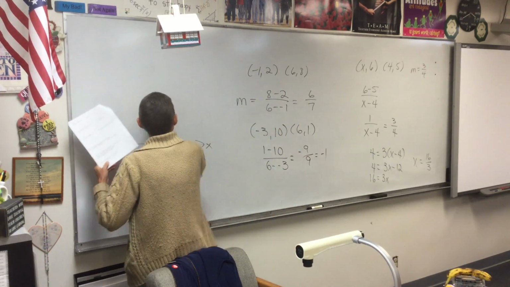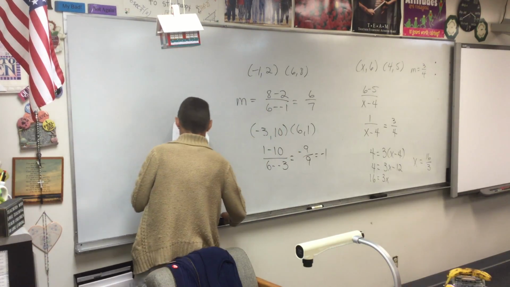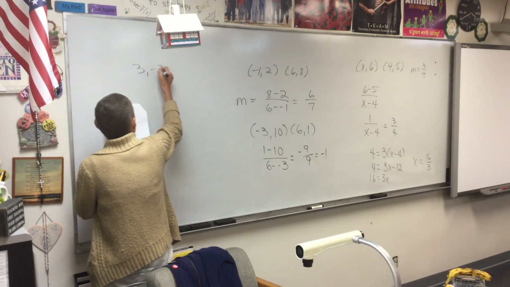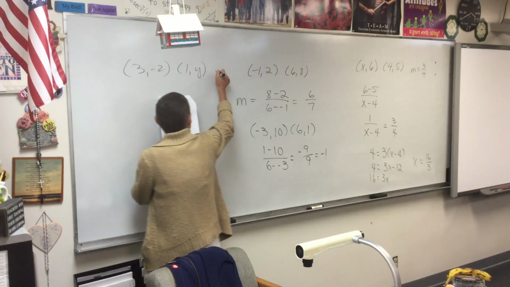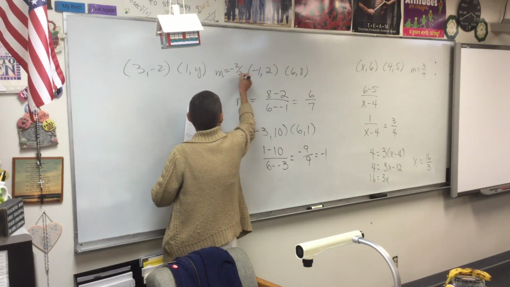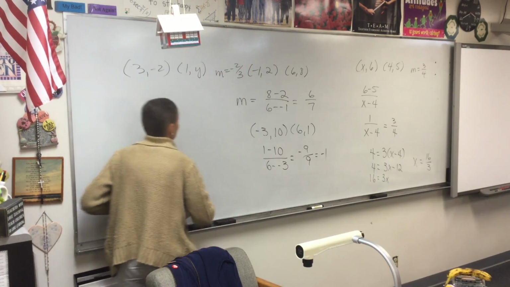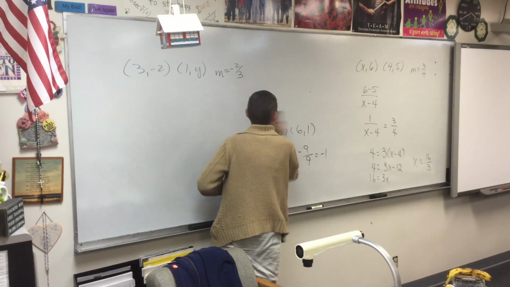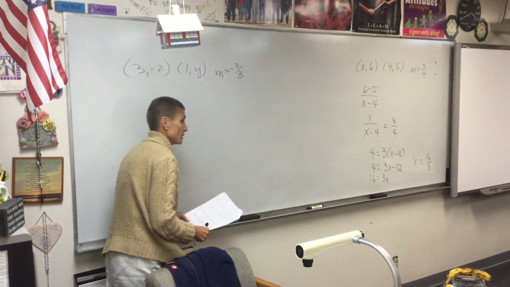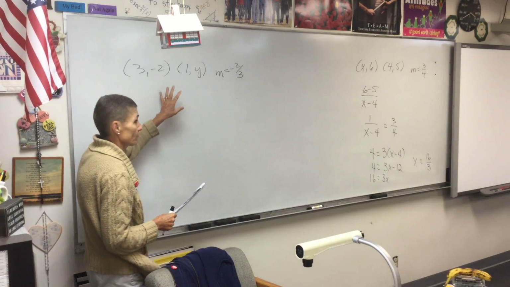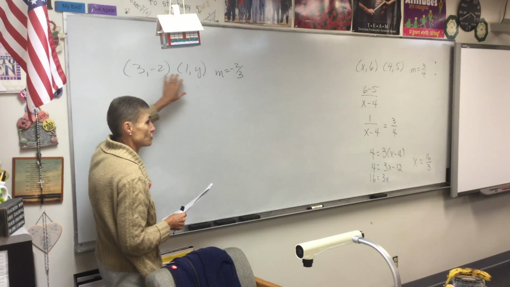B is exactly the same, except the variable's in a different spot. And this time the slope is -2/3. So set up your equations. Bailey McHugh, what's your equation going to be for this? Let's set up the slope between these 2 points.